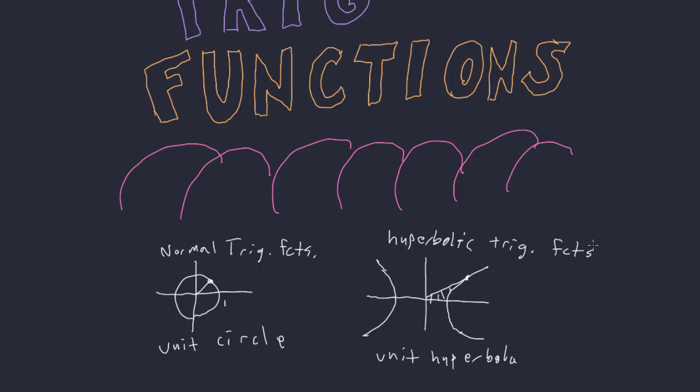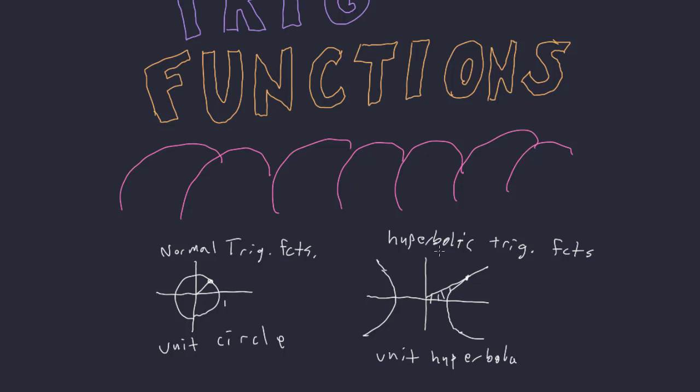But a big part of it is that they have a lot of the same properties. We'll get into that in a little bit, but a lot of the same ideas will hold between these two.